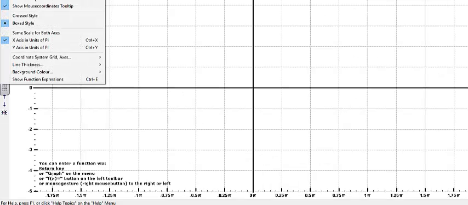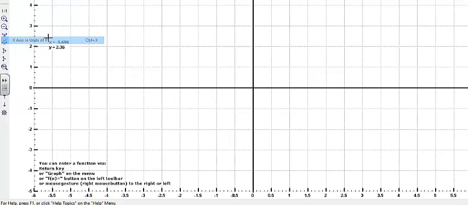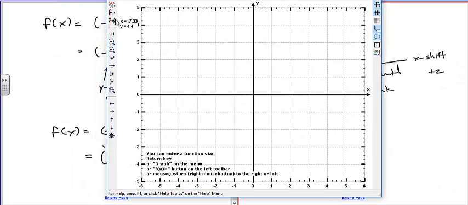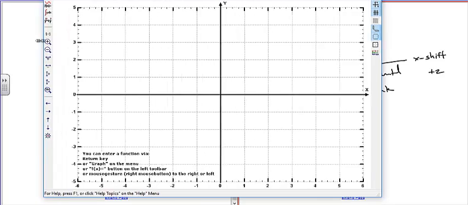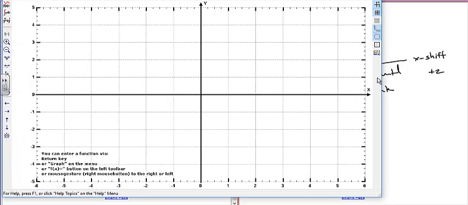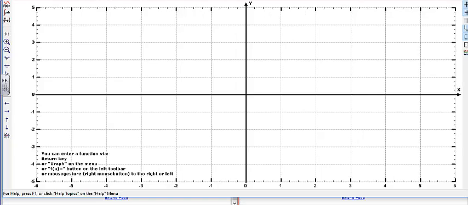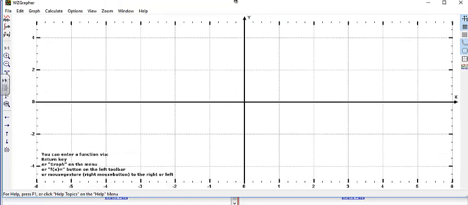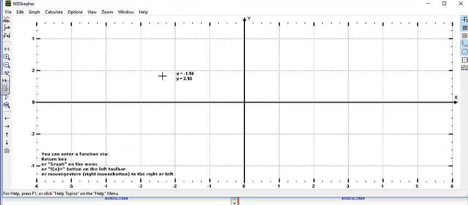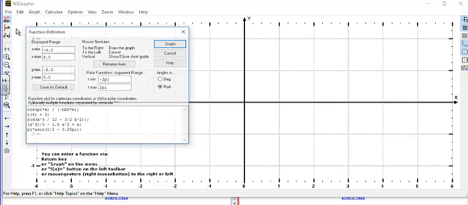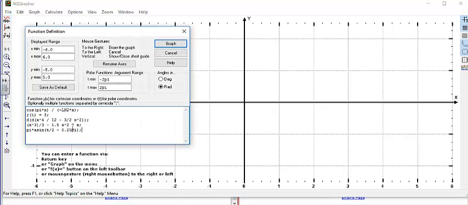And let's change the view. This is actually a little bit outside what you can see, just because of the way I normally do smart boards. So I'm going to have to stretch this a little bit so you can see the whole thing. Okay, so there it is. So the function I'm going to put in is the square root of -2x plus 4.